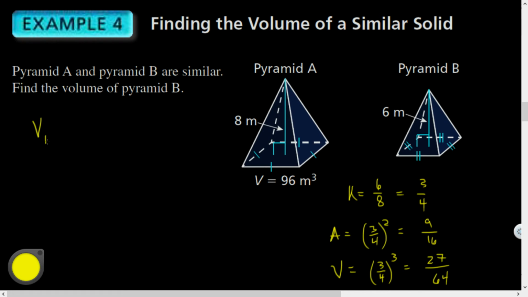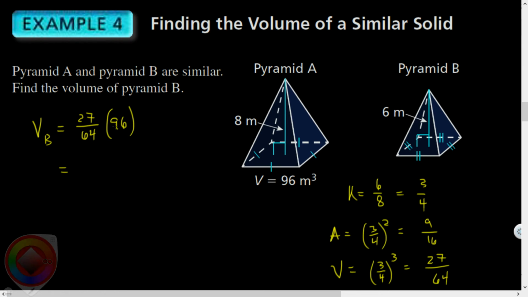So the volume of Pyramid B is going to be 27/64ths of this volume, 96. Right, Jack? You with me here? 96 is divisible by 16 6 times. 64 is divisible by 16 4 times.